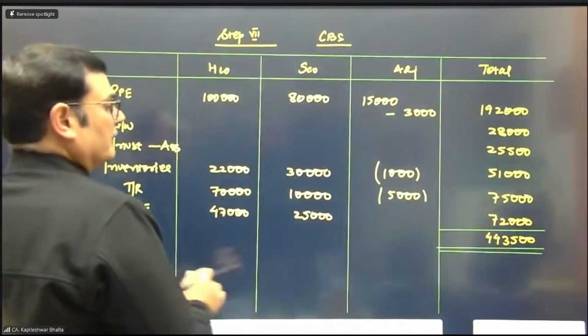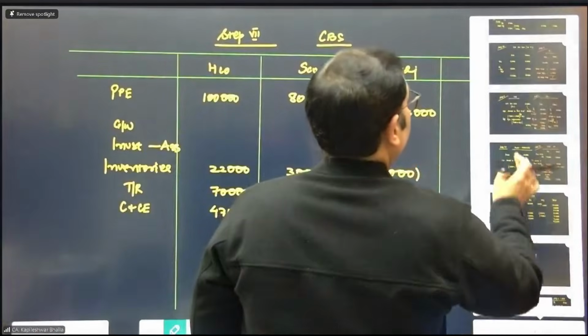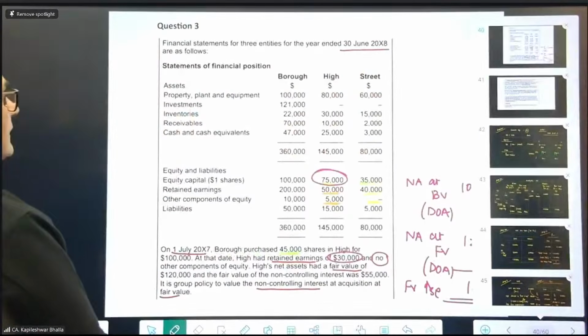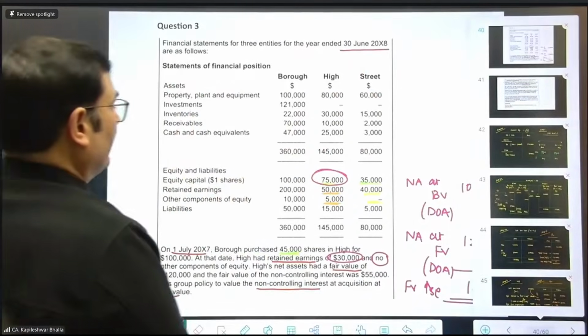Okay, then we go to the liability side. On the liability side, equity share capital would remain at 1 lakh.